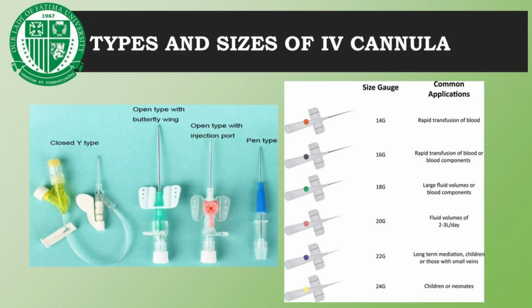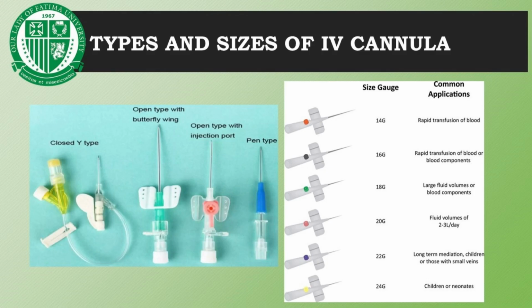IV cannulas are categorized based on their design, material, and intended use. We have the closed Y type, which is often used in blood transfusions and situations requiring a simultaneous or sequential infusion of two different fluids. The gauge size of a closed Y-type IV cannula typically ranges between 16-gauge and 20-gauge, depending on its purpose and the clinical scenario.